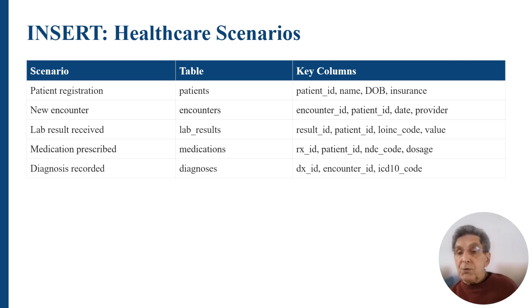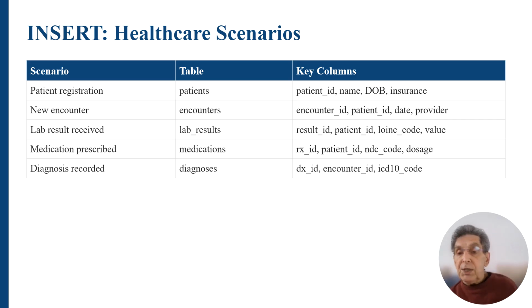When a provider writes a prescription, we insert a row into the medications table with columns such as the patient, the NDC code identifying the drug, and dosage instructions. When a diagnosis is made during an encounter, we insert that into the diagnosis table, linking it to the encounter with the ICD-10 code.